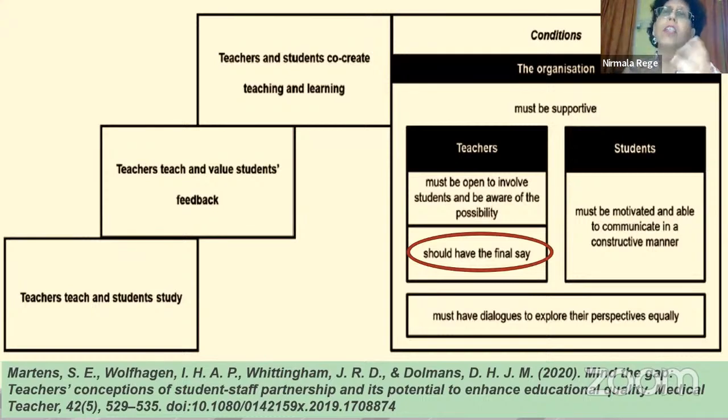If students are involved in curriculum designing and something goes wrong, the teachers are responsible, not the students. And do the students have adequate knowledge or an overview of everything? They are not professionals. They are first year, second year, third year students. So how can they have a final say?